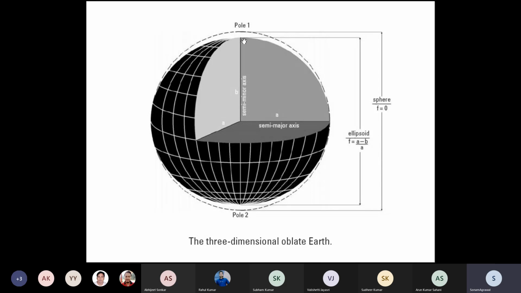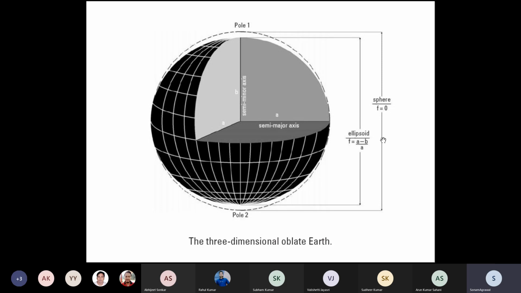That's why this is called the minor axis, and half of the minor axis is the semi-minor axis. When we move along the equator, it is the major axis because the length is longer, and half of that one is called the semi-major axis. Okay. So this is A, this is B.